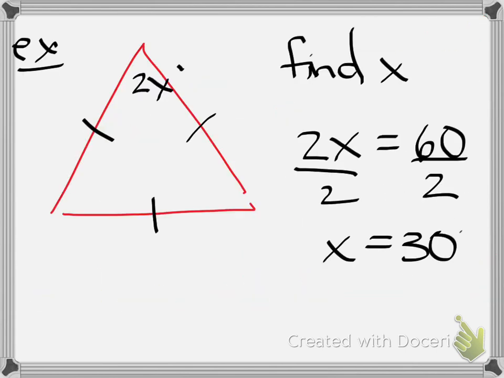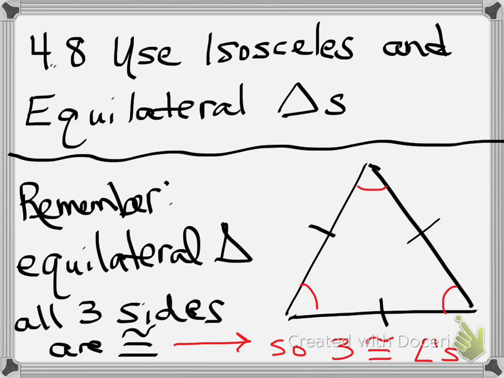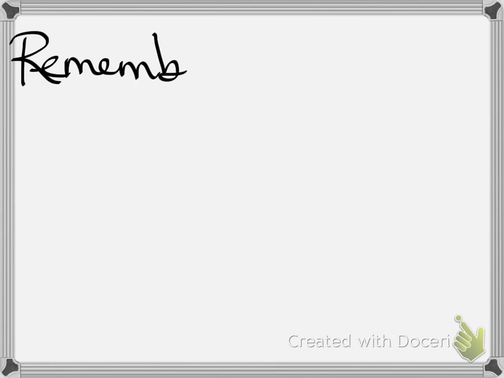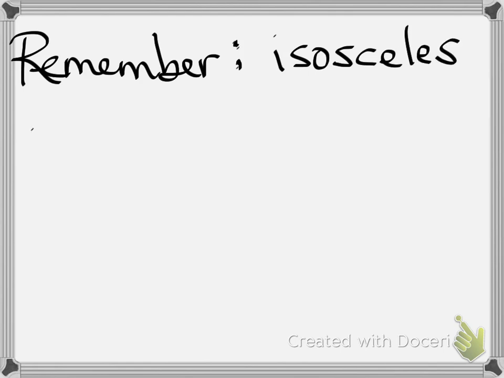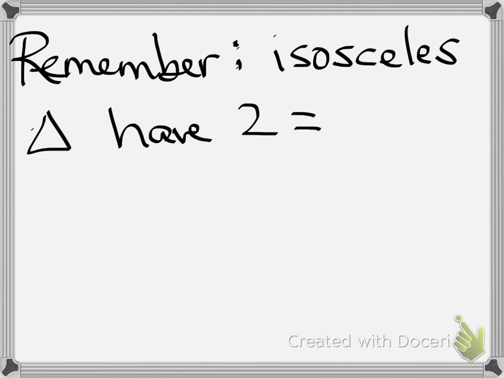Then we also want to think about isosceles. Remember, isosceles, it's like you have two eyes, right? It sounds like eyes. So isosceles has two congruent sides. Isosceles triangles have two congruent sides.